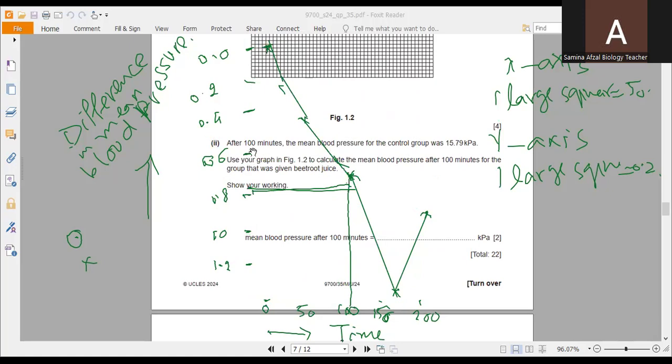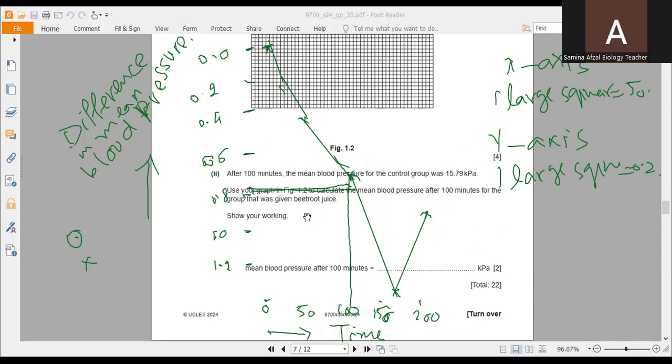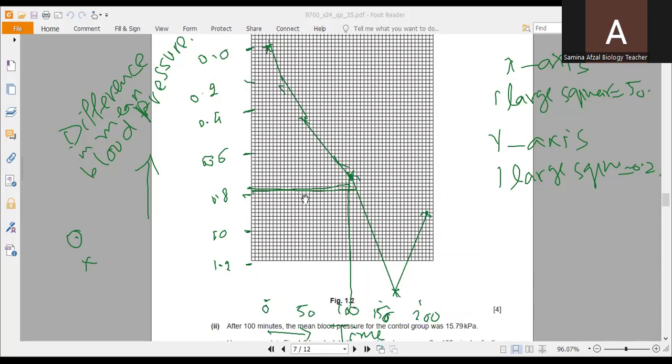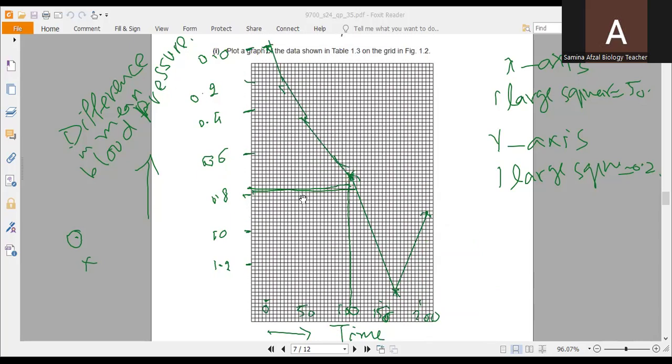After 100 minutes, the mean blood pressure for the control group was 15.79 kPa. Use your graph in figure 1.2 to calculate the mean blood pressure at 100 minutes for the group that was given beetroot juice. I have found this value at 100, about 0.9 or 0.8, so I'm going with it.